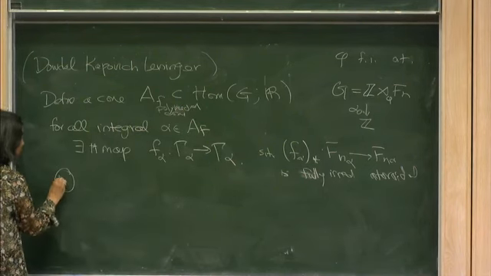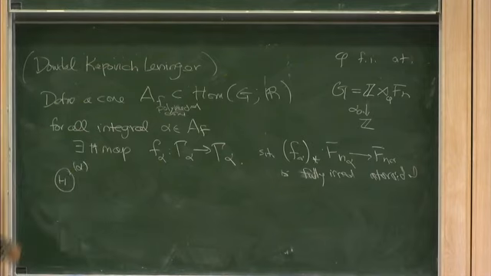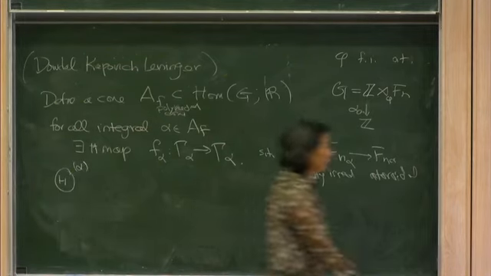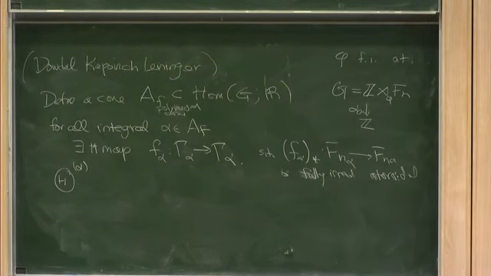In this cone, if you specialize the polynomial by alpha, so you think of these as elements of ZH.